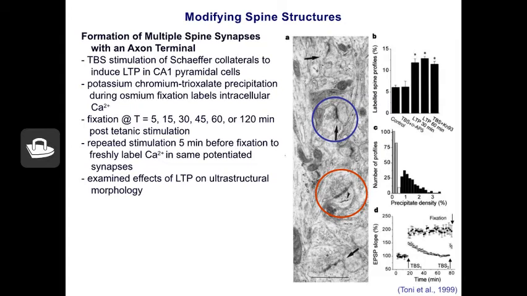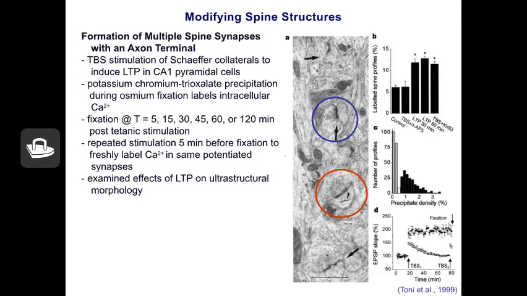The first stimulation activates some but not all the spines in the slice. During the interval of, well, 15, 30, 45, 60, or 120 minutes after the stimulation, that calcium signal would be cleaned up. It would be gone.